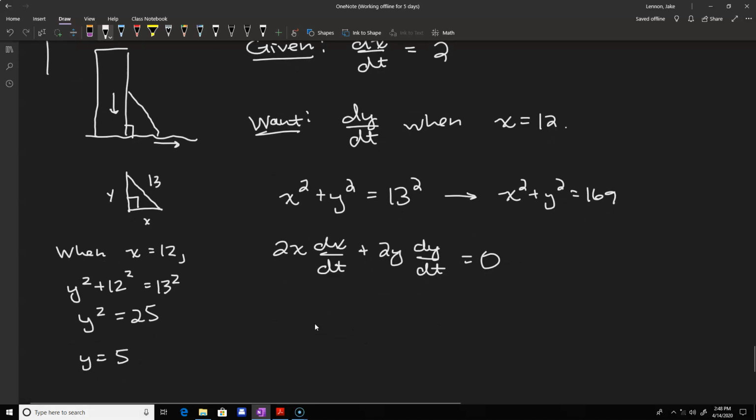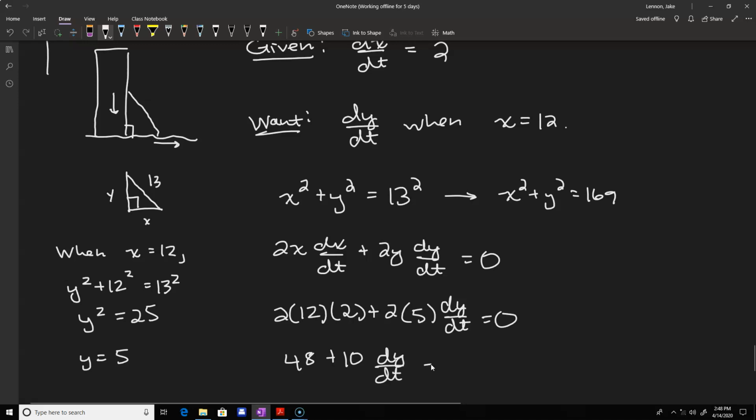So those are the values we can plug in. We can plug in 12 for x, 2 for dx/dt, and 5 for y, and then we're trying to solve for dy/dt. So we have 48 plus 10 dy/dt equals 0.